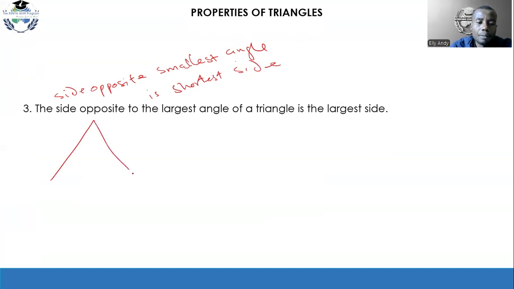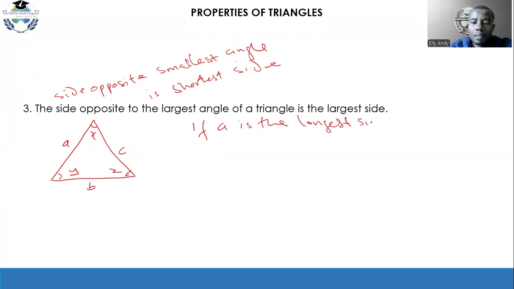This time we'll have both angles and sides. So we have the angles X, Y, and Z, and the sides A, B, and C. So according to this property, if A is the longest side, then the angle opposite it, which in this case is Z, is the biggest angle.